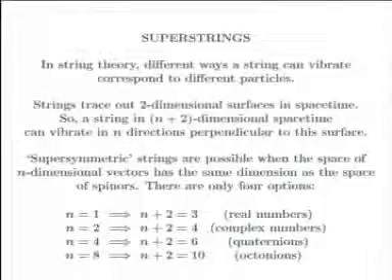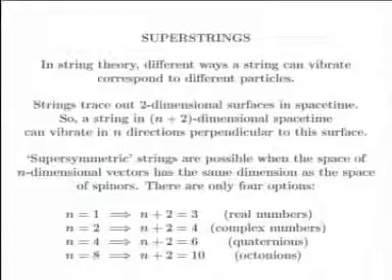And as I just sketched, there are only 4 options for that, which is n is 1, 2, 4, or 8. And that number plus 2 is the dimension of space-time. So it's when space-time has dimensions 3, 4, 6, or 10 that we could set up a theory of superstrings.